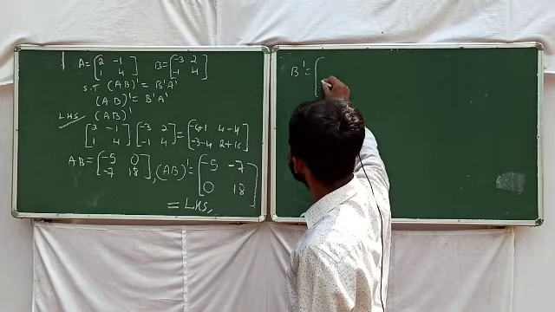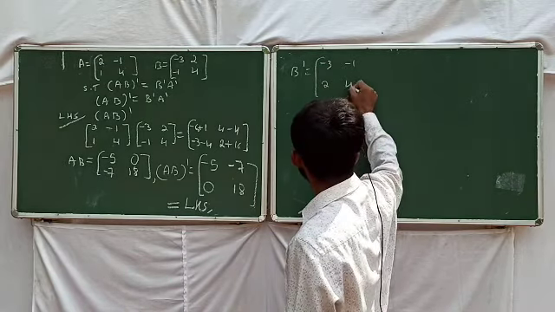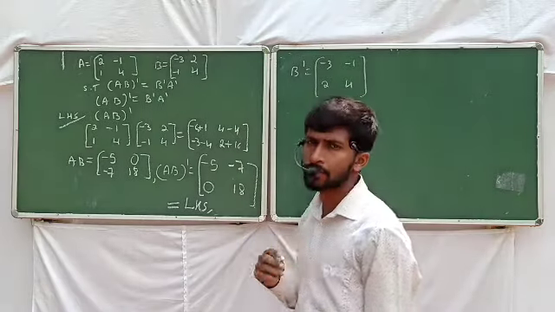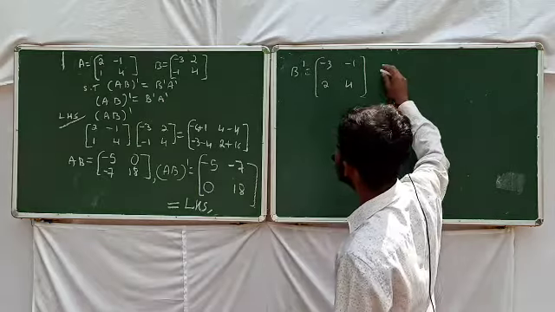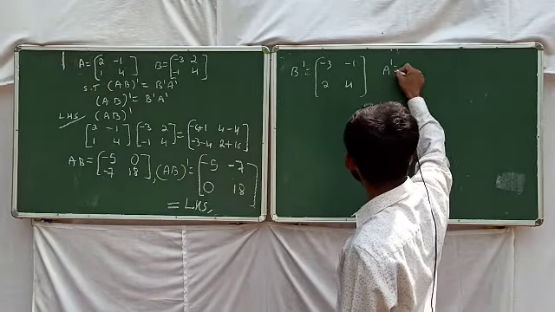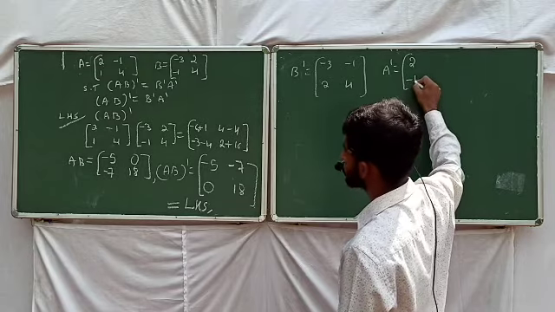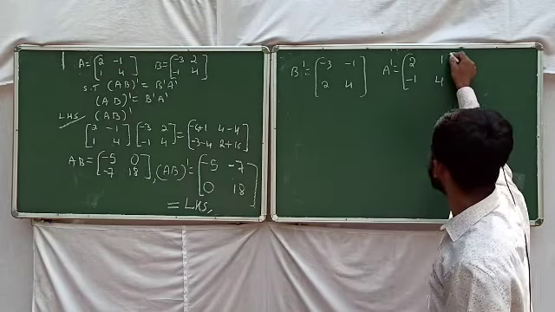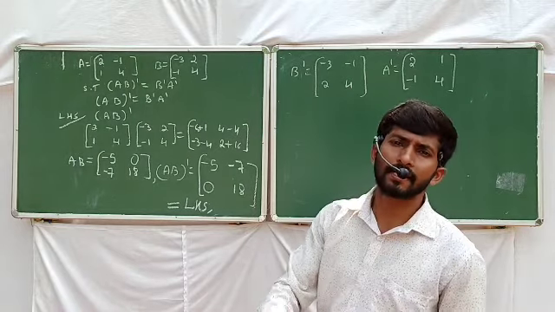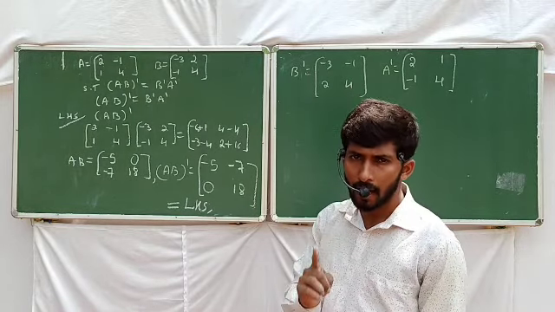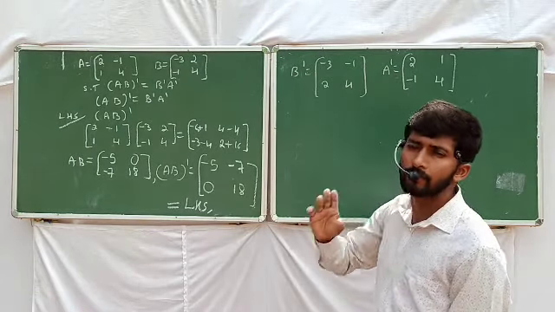B transpose is minus 3, 2, minus 1, 4 obtained by interchanging row and column of the given matrix B. Similarly, A transpose value is equal to 2, minus 1, 1, 4. Now see, RHS is not equal to A transpose into B transpose. RHS is B transpose into A transpose. You need to follow this order.